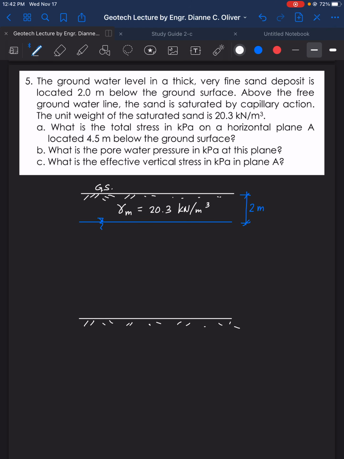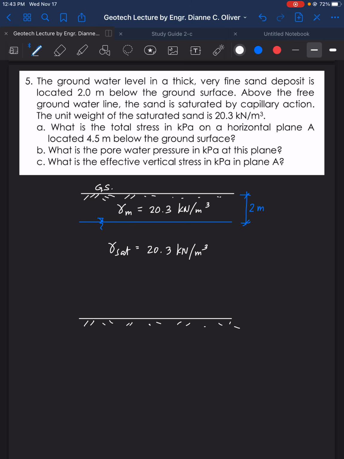And it says here, the unit weight of the saturated sand is 20.3. So saturation here, gamma sat, is also equal to 20.3 kilonewton per cubic meter.